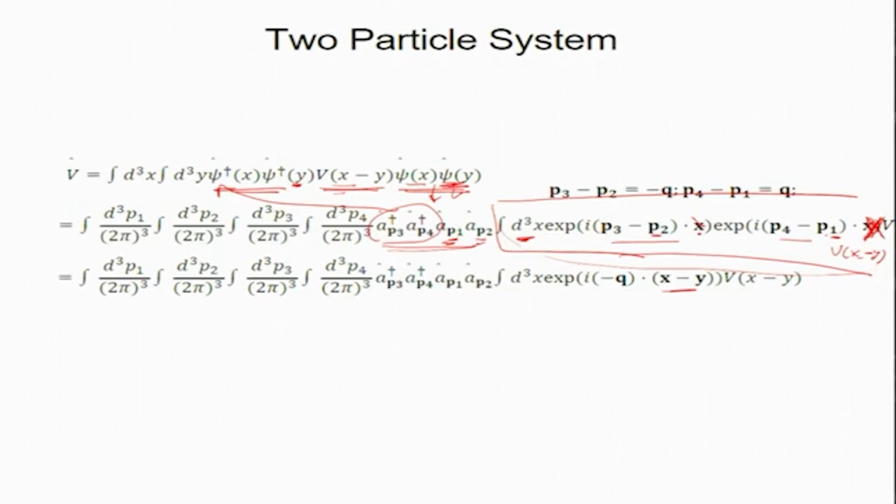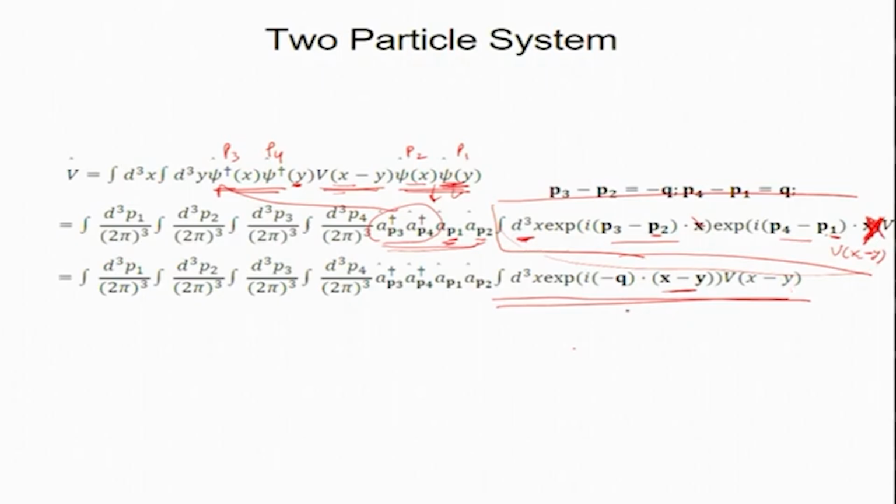I am expanding this as P2 and this expanded as P1. So, P1 is coming with y, and here also P3 is coming with x, and this is coming with P4. These momenta P1, P2, P3, P4 are dummy variables, but I have to keep track of x and y. So, this is my real space integral.